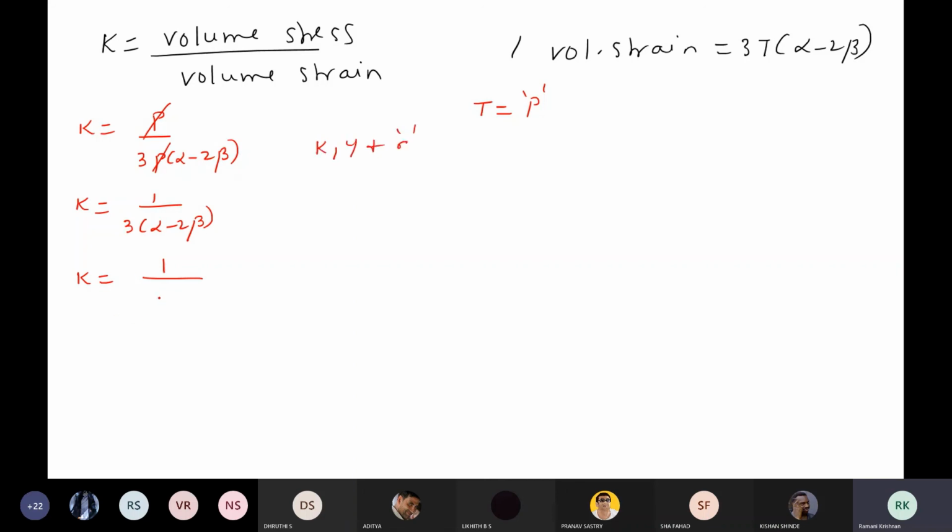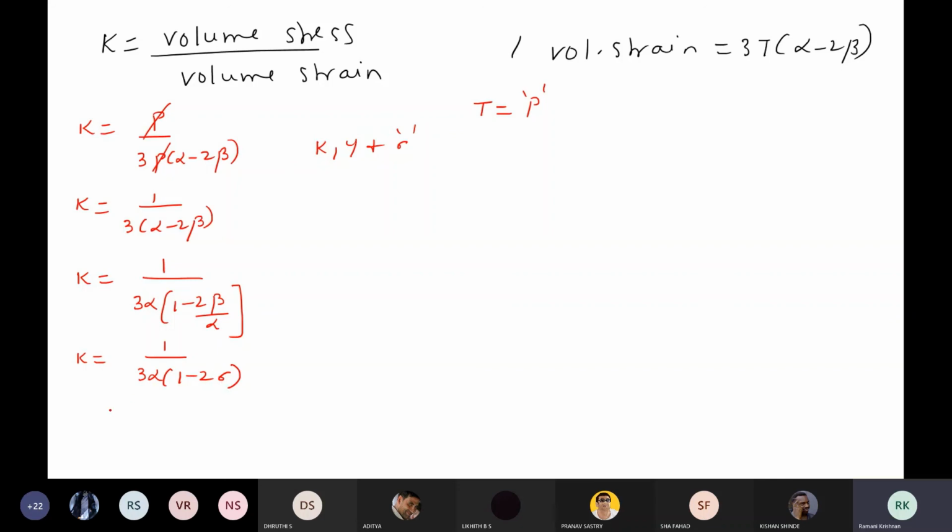So now what I'll do? I'll take alpha outside, like I did yesterday, and then 1 minus 2, the equation should not change. So by alpha. Correct? So K is equal to, I'll write 1 by 3 alpha, 1 minus 2 sigma. That's why we did this, because I want Poisson's ratio. We know that beta by alpha is Poisson's ratio.